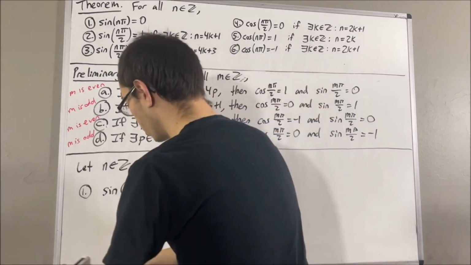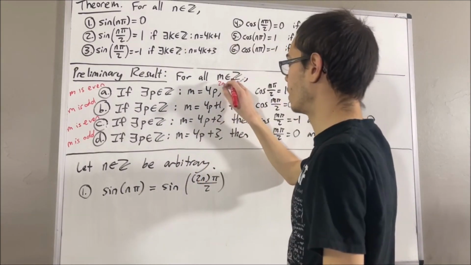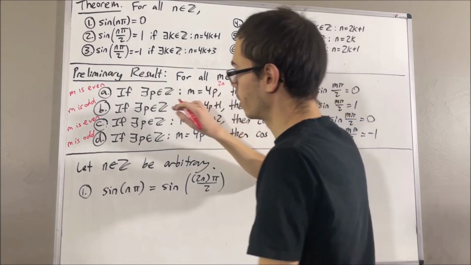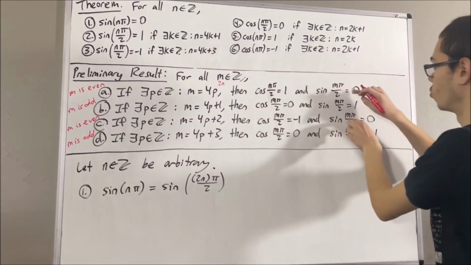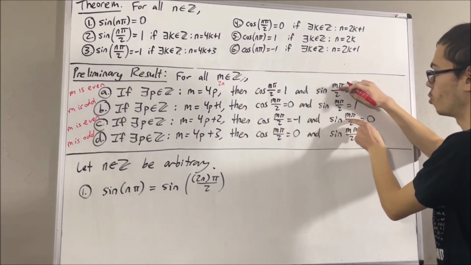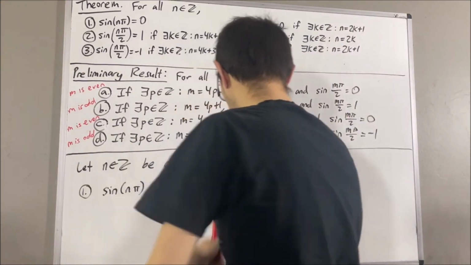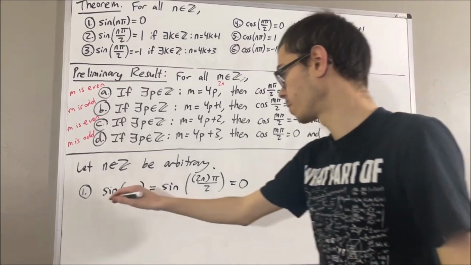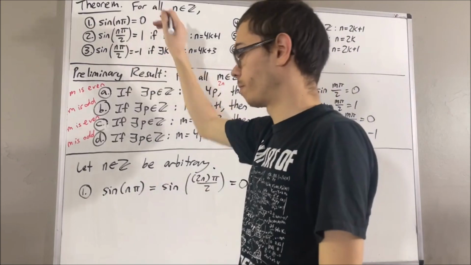And now, taking m to be 2n, since 2n is even, this means we're going to fall under either case A or case C. But no matter which case we fall under, we see that sine of 2n pi over 2 is equal to 0. So this guy is equal to 0. So sine of n pi is equal to 0. So we have deduced result number 1.